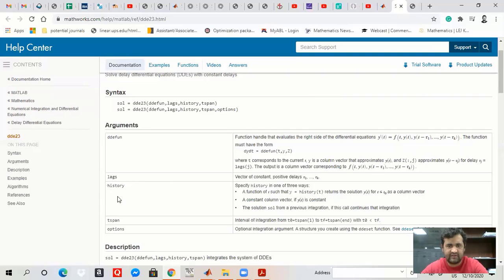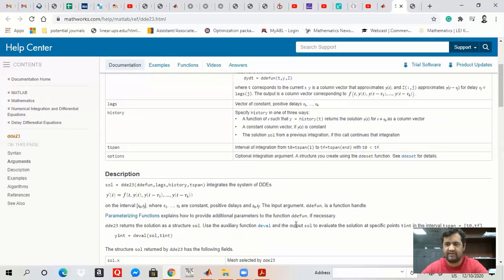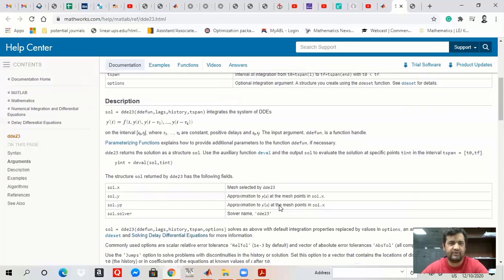Then the history function. If you imagine you have a constant history function, then you have to write down a column vector. And you can write down some time interval, for instance some initial time, and then the final time up to which you want to integrate your differential equation.